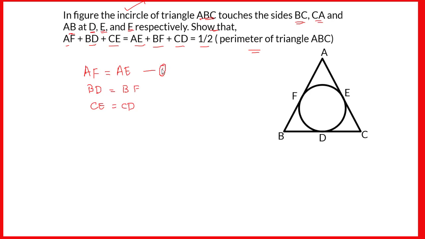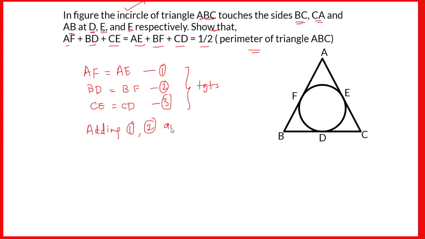These tangents are equal. Let these be number 1, 2 and 3. And the reason for this you have to write as the tangents drawn from the exterior point of the circle are always equal.